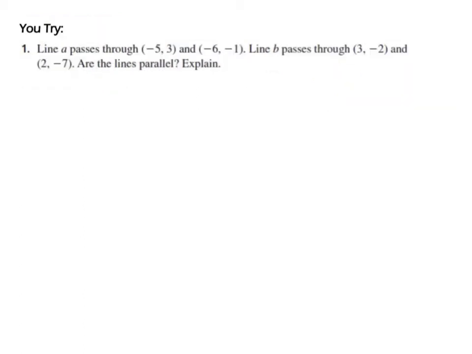In the first you try problem, we needed to find the slope of line A and the slope of line B so we could determine whether or not they were parallel. So line A, right? Well, for line A, how about I use a table?